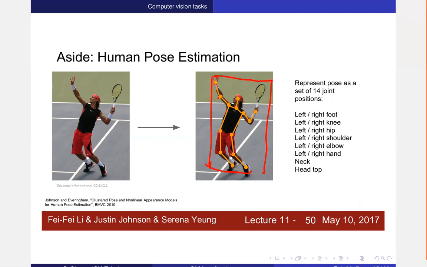You need to determine the width and height of the box and the center of the box. If I want to do pose estimation, then I need to localize all the joints. So for example, for a person here, I can assign 14 joint positions, and each of them has an XY coordinate, so I have 28 values to regress.